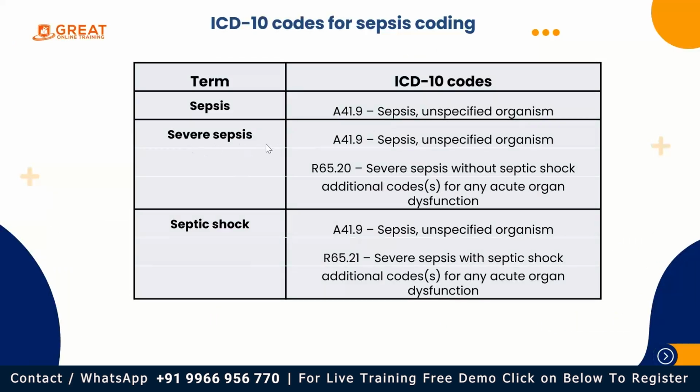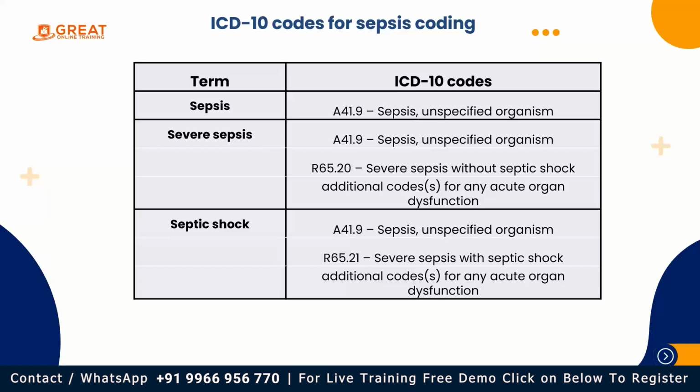So, if severe sepsis is there, our first code will be A41.9. All these guidelines on how to use and sequence these codes for severe sepsis you will find in the tabular list when you search for code R65.2. Please go to code R65.2 in the tabular list and read the given instructions carefully.